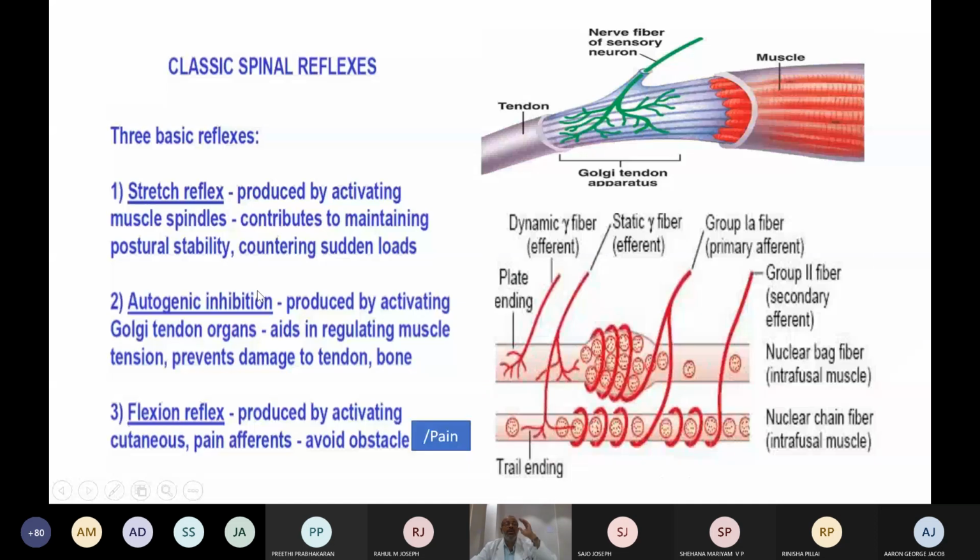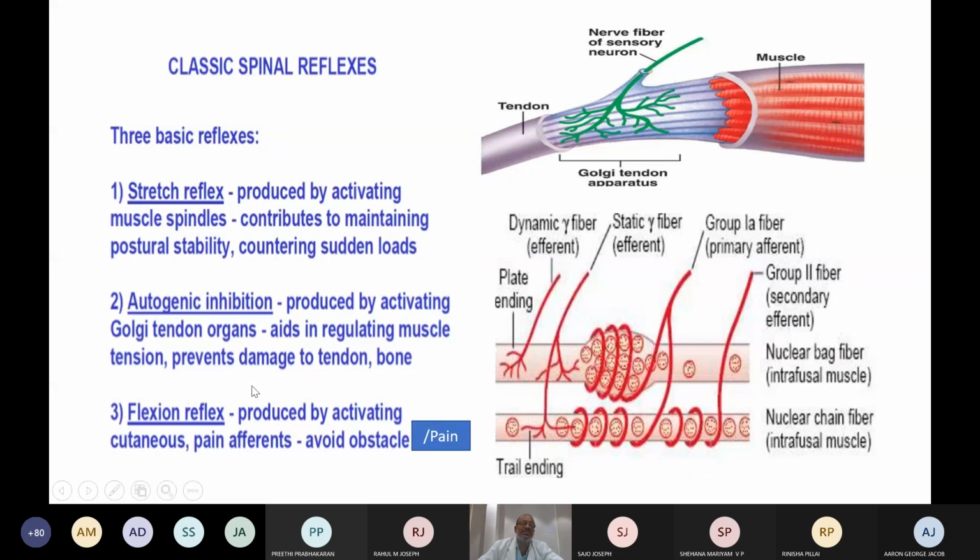Then you have to know that there are classical spinal reflexes. Kindly understand, I am going to complicate the topic here. Stretch reflex we have already mentioned. Now we will mention autogenic inhibition, and flexion also we have mentioned.